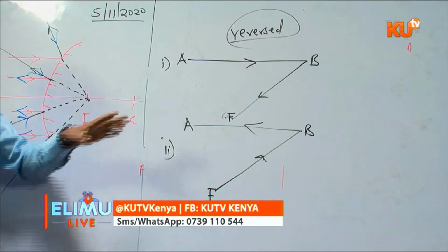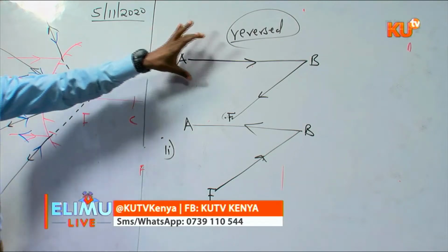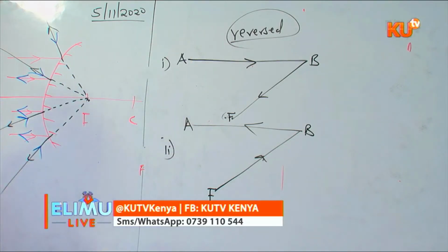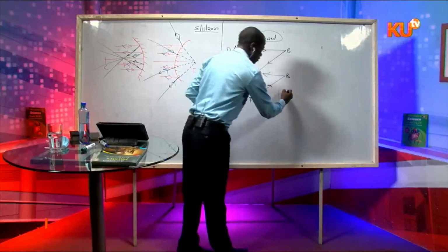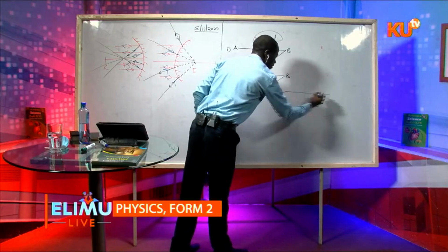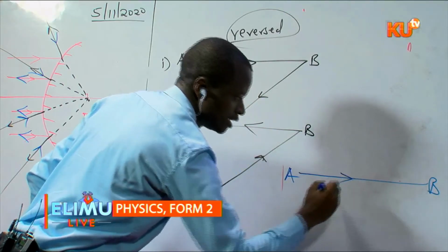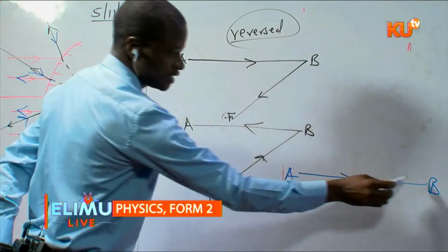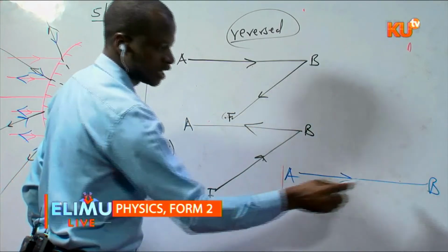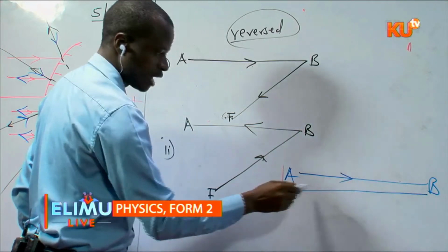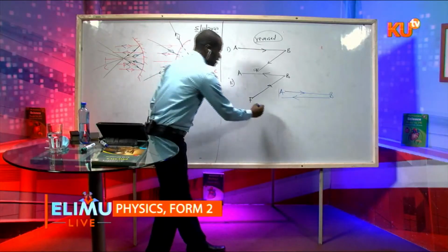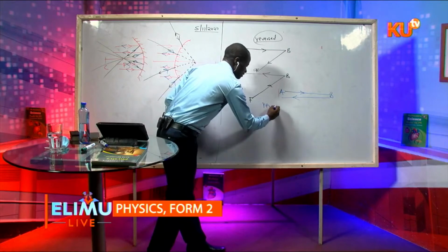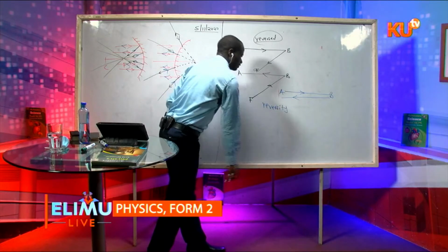observation or a special characteristic of light, that when a ray of light goes in this direction, if a ray can move from A to B, and this is a ray of light, if you reverse it, it will still follow the same path. So it can still come from B to A along the same path. That is called the principle of reversibility of light.